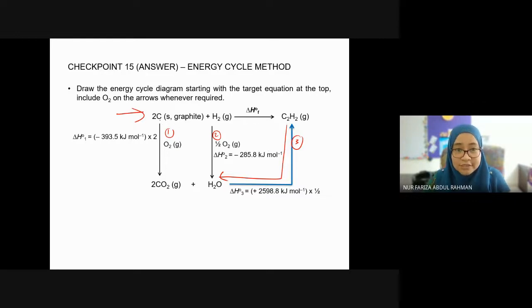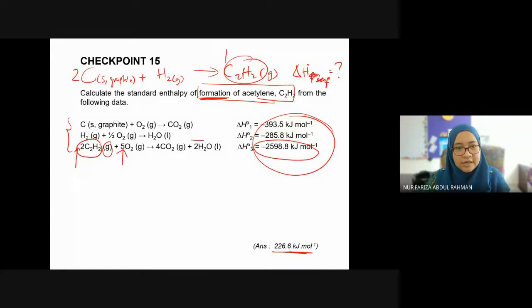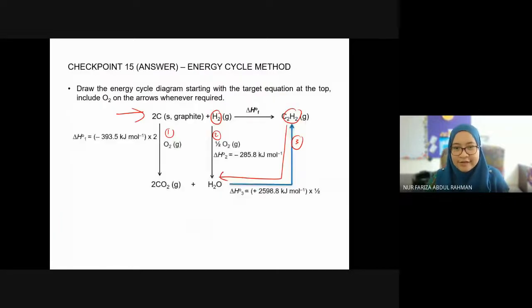It can be like this. Carbon becomes carbon dioxide. Hydrogen becomes H2O. And then these two can be combined to produce C2H2. Right? This is the third equation if I'm not mistaken. This equation, reverse it.